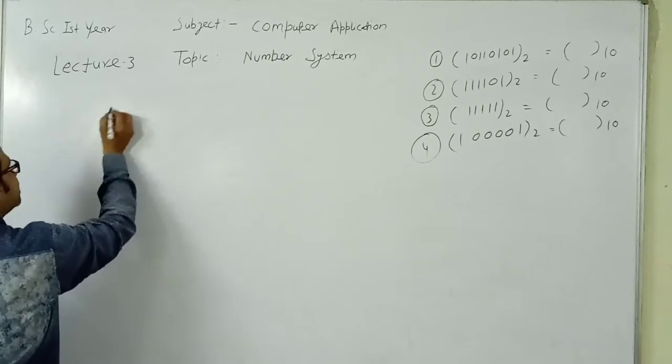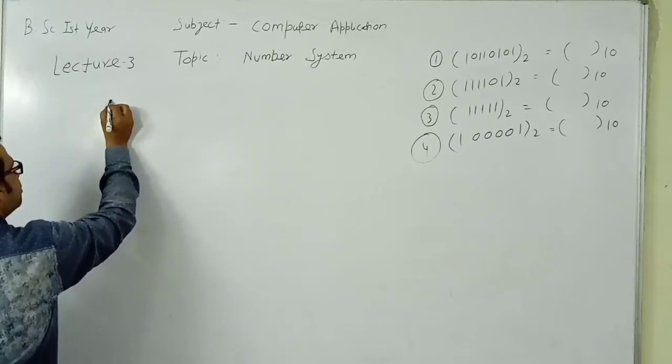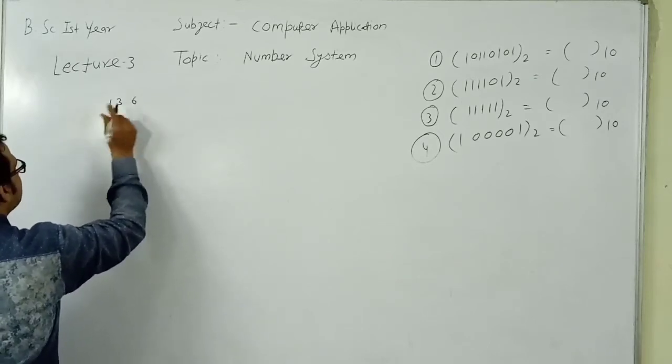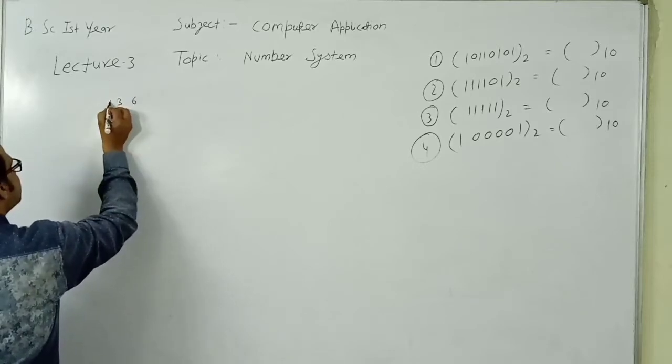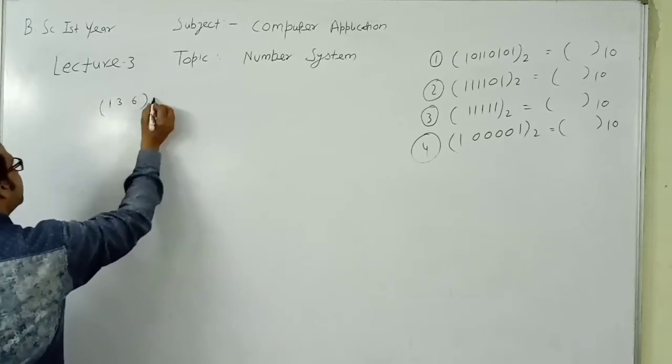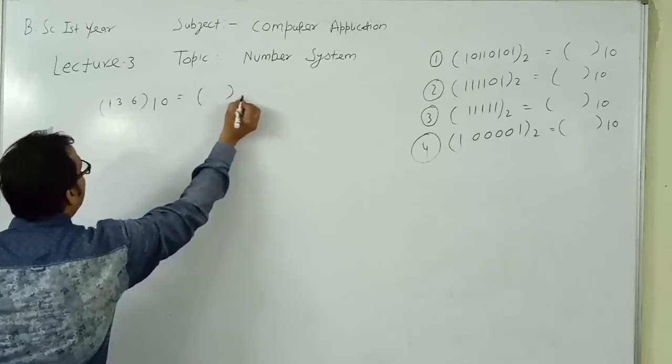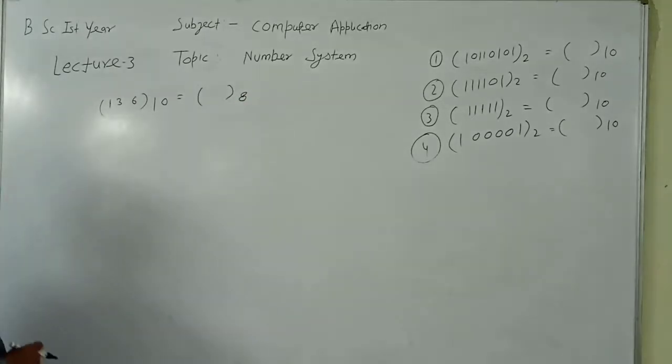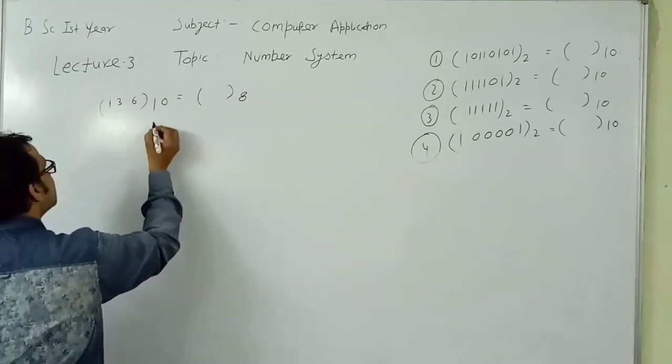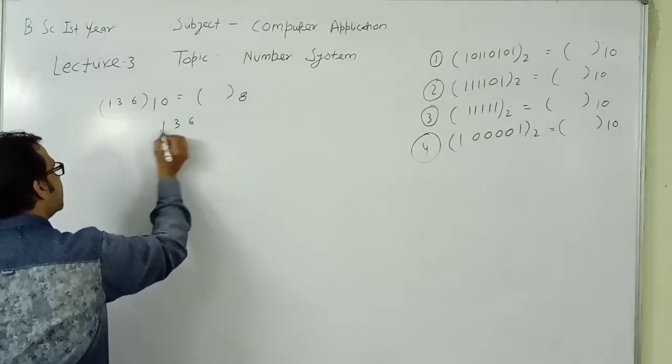Like I want to convert 136, which is in decimal. Now I want to convert it into octal. So take this number 136.